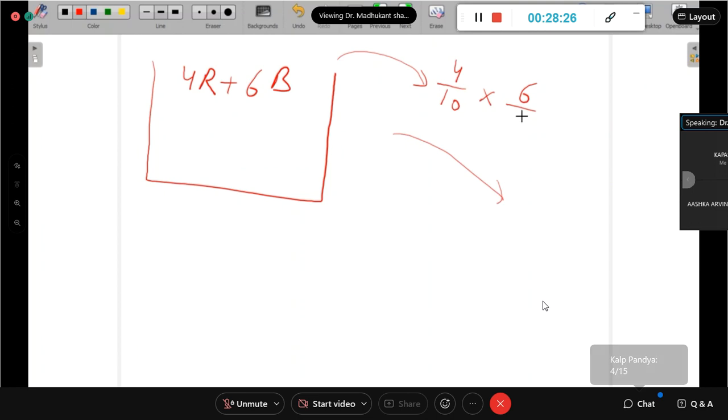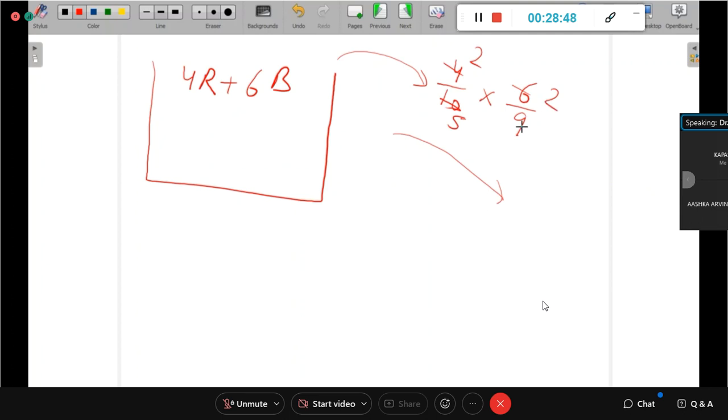How many balls are there in total now? 9. So 6 out of 9. Now you can simplify it.